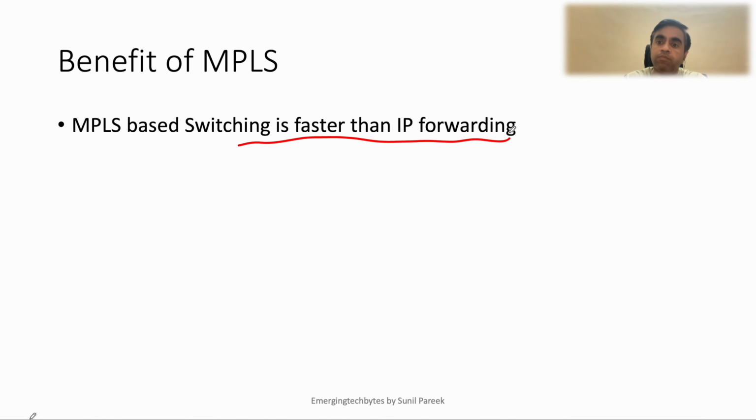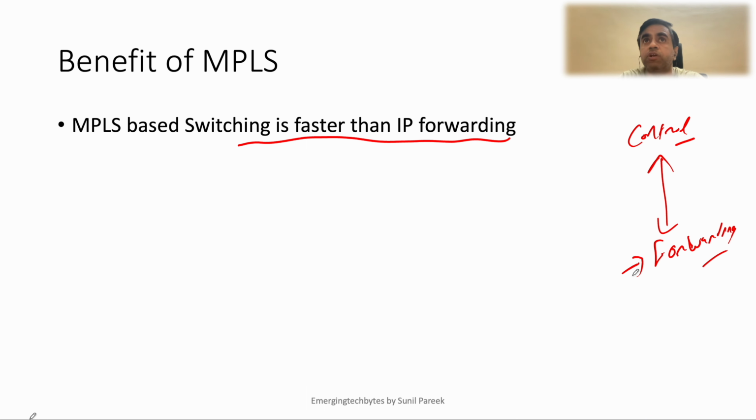In today's time, where the control plane has been separated from the forwarding plane, in the control plane I can have my IGP, which can be OSPF, ISIS, EIGRP of your choice, which actually learns the control plane information and then forwards the information to this forwarding plane, and then this basically gets programmed.